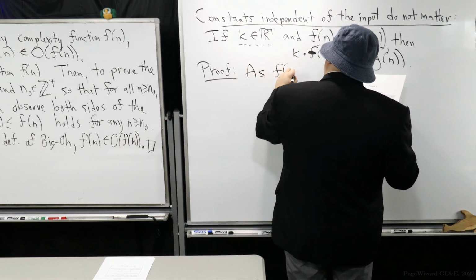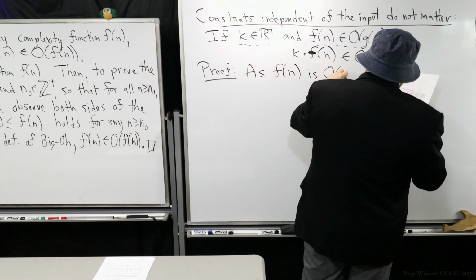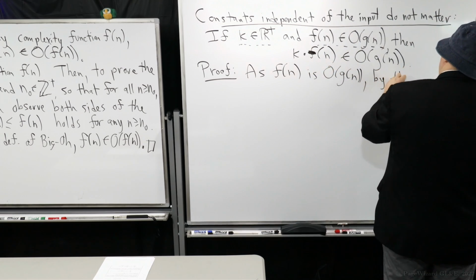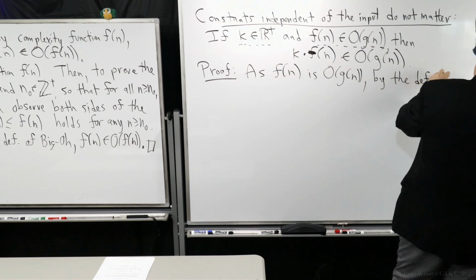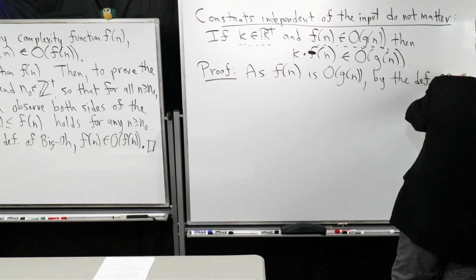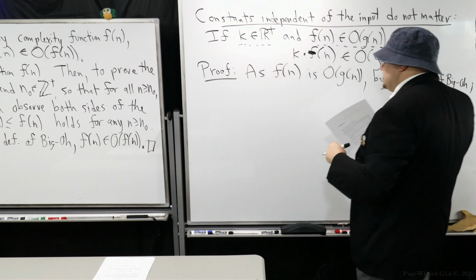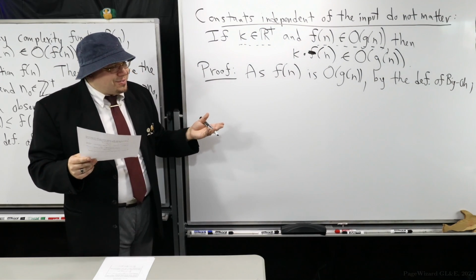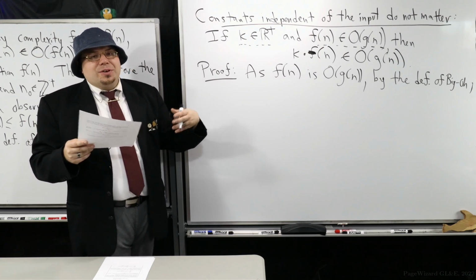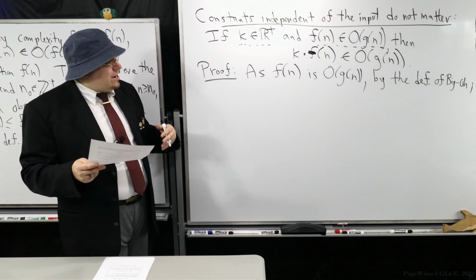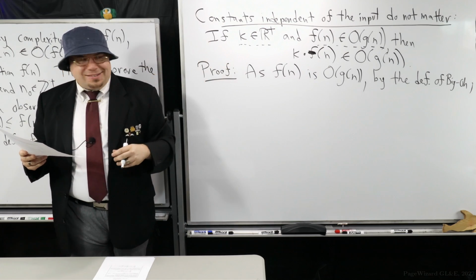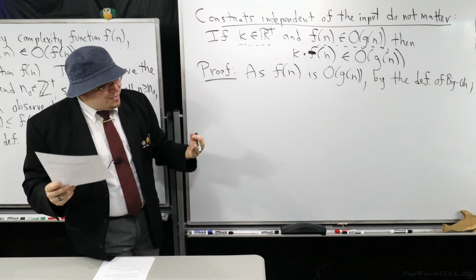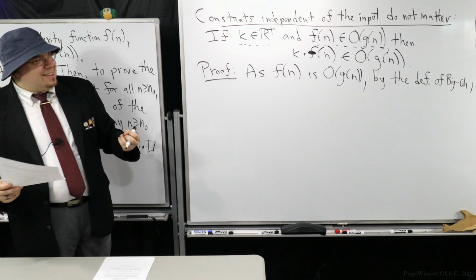As f is big O of g, by the definition of big O, we have the following, right? It means we have those two constants, and we can use them. So for those inclined to fancy terminology, if I give you a statement like this, what it really is saying is that I get those two constants for free.